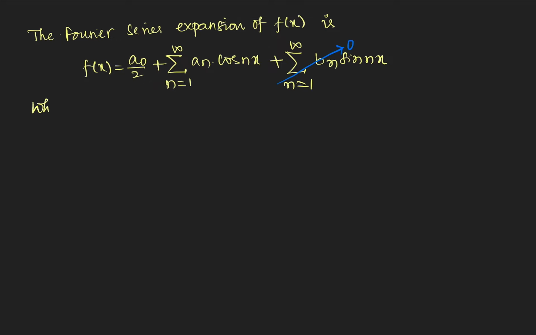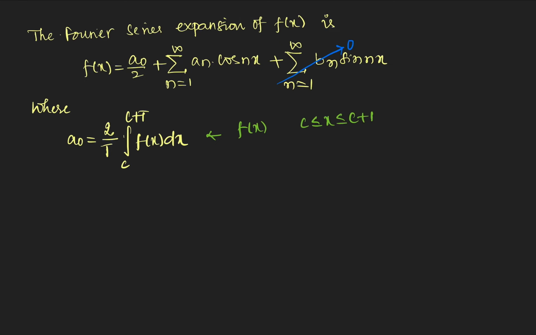What is a0? a0 is given by 2/T times the integral from c to c+T of f(x) dx. Here, what are c and c+T? This is the formula when the function f(x) is defined in c ≤ x ≤ c+T.